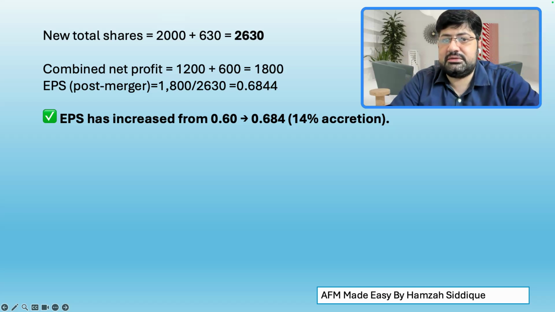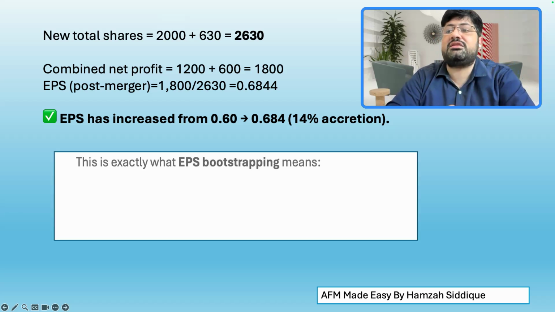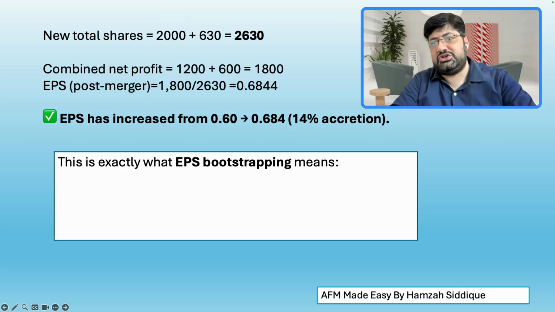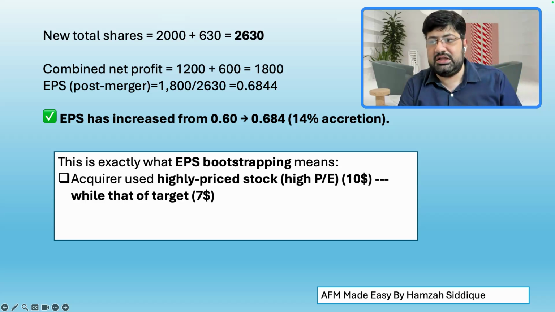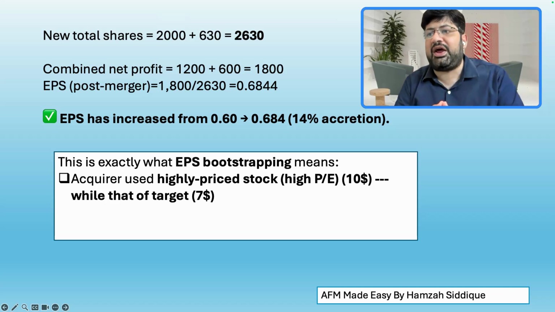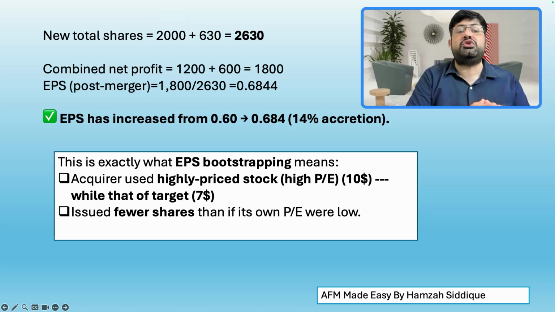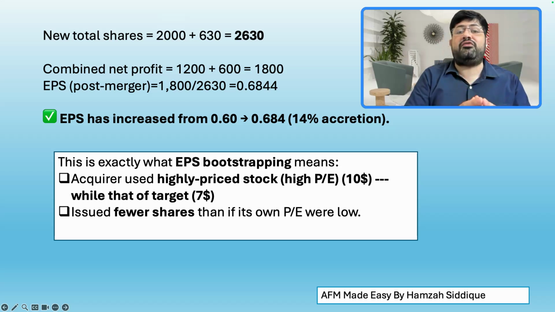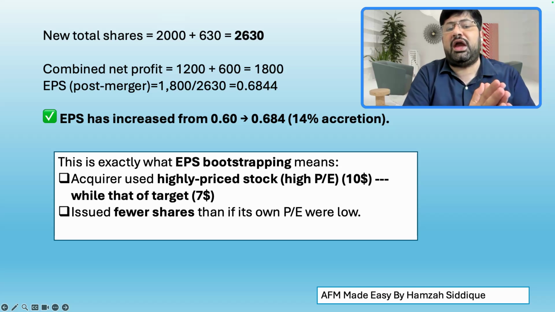14% increase. How did it happen? This phenomenon is called EPS bootstrapping. It occurs in mergers and acquisitions when a highly priced stock purchases a low price stock, so they have to issue fewer shares because of the higher price and PE ratio of the acquirer.